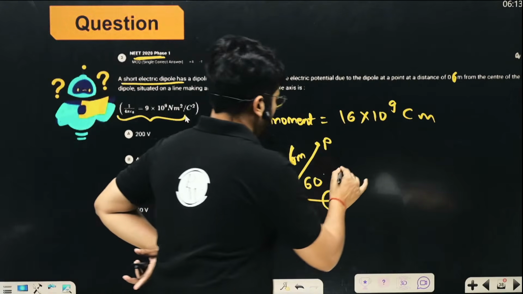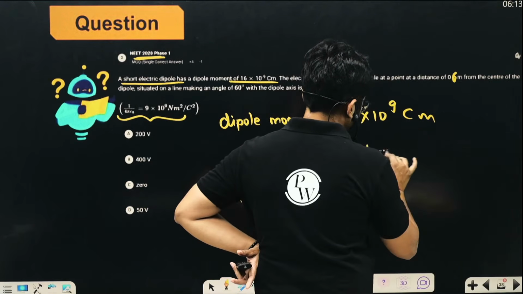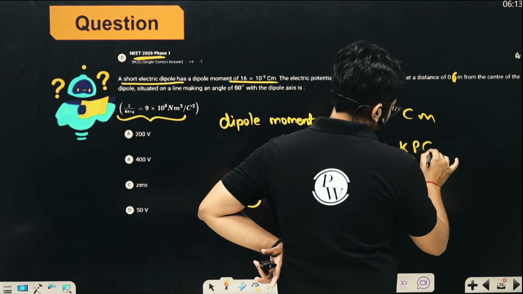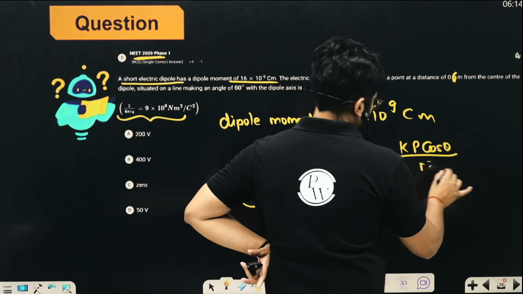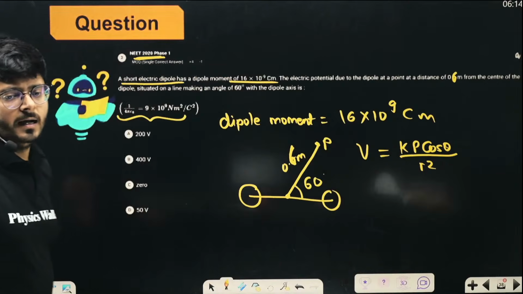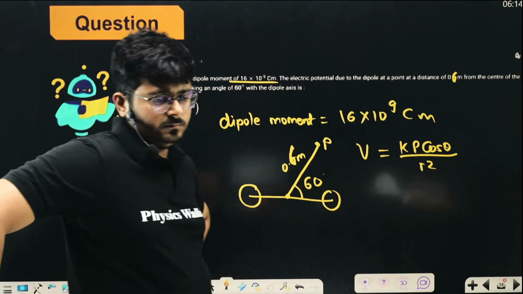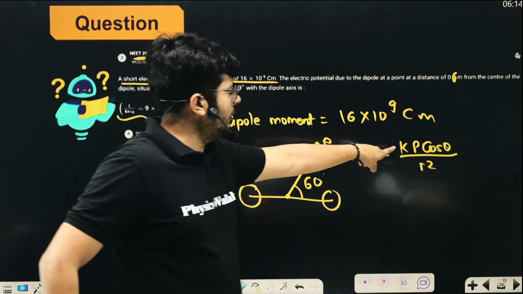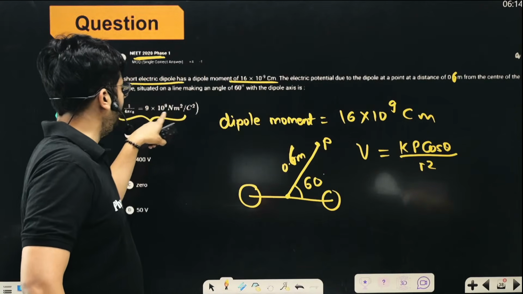Now, if you don't know the formula, the electric potential because of a dipole is Kp cos theta over r square. Yes or no? So think about it. The value of K is 1 upon 4 pi epsilon naught, which is 9 times 10 to the power 9.